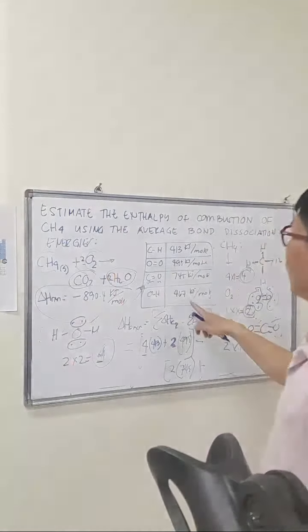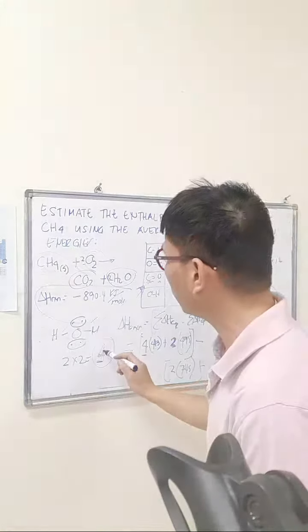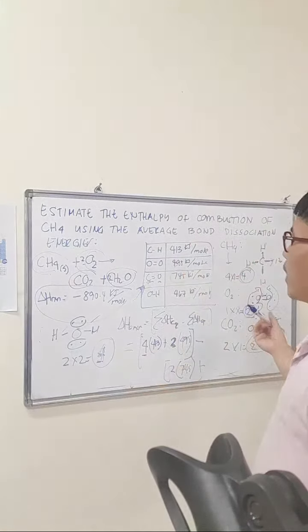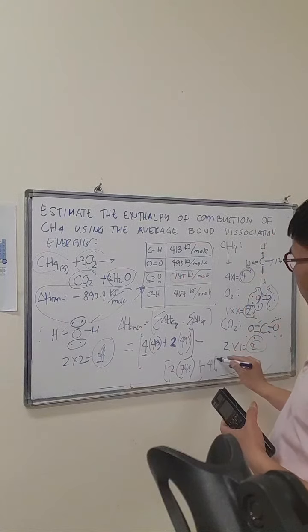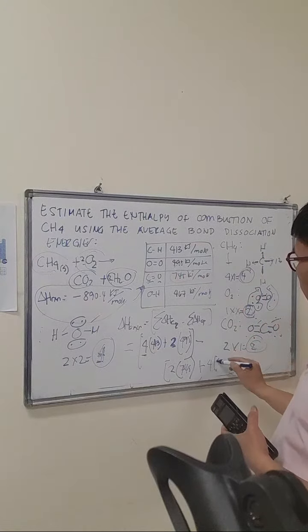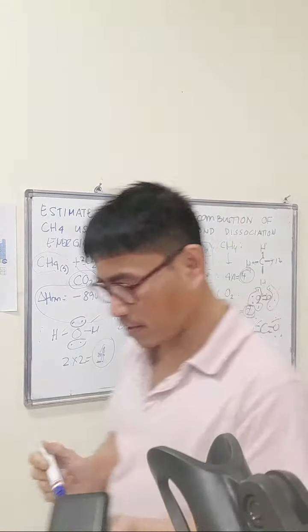So we have 467 that we obtained already from the water, and it's 4 times the OH bond, 467. Calculate that. Get the point?